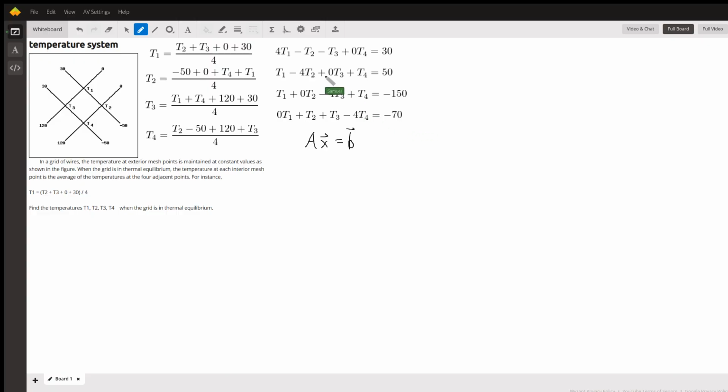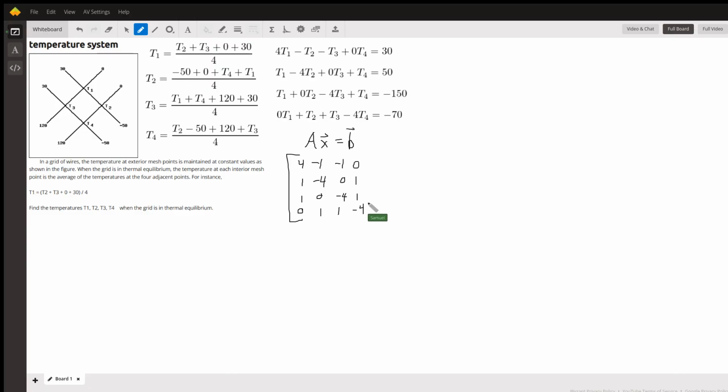And so we're going to convert all these coefficients into a matrix, with rows negative 4, 1, 1, 0, then 1, negative 4, 0, 1, then 1, 0, negative 4, 1, then 0, 1, 1, negative 4.